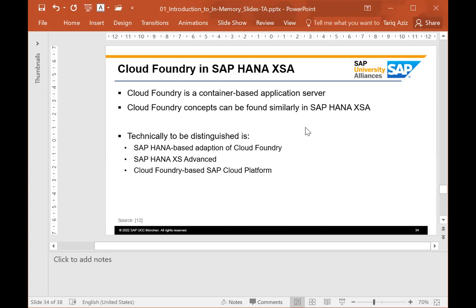That's it, guys. Cloud Foundry is also one of the concepts that you will find in SAP HANA XSA.